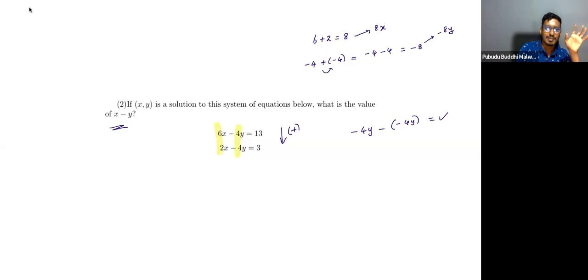So that's one way of solving this. Or you can use the elimination method, but that's not the method I prefer for these problems, because we want to compute x minus y, not x and y. So hence I'm going to add these two. You can add like this vertically.